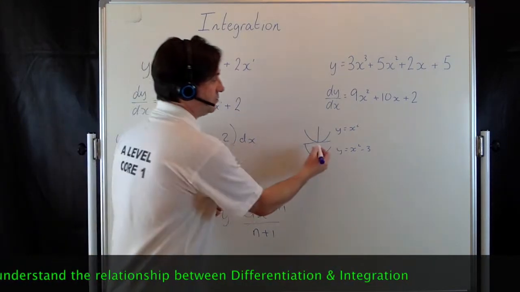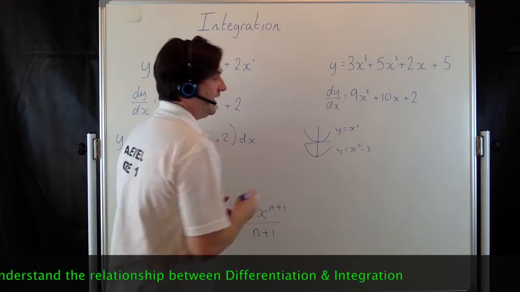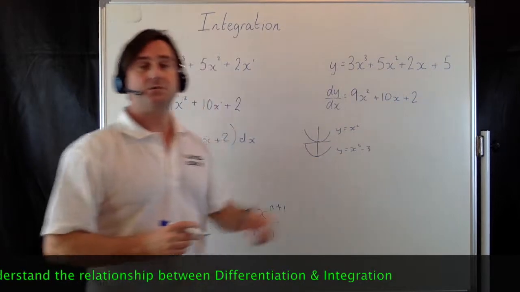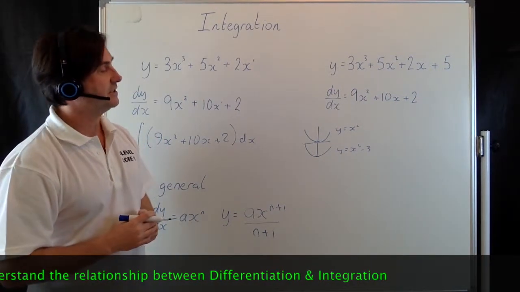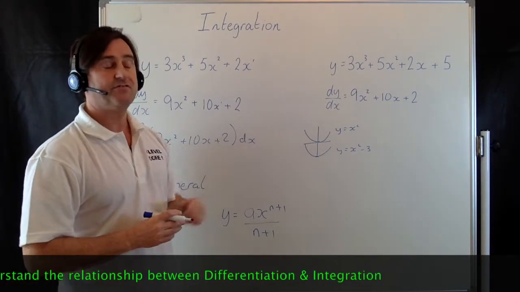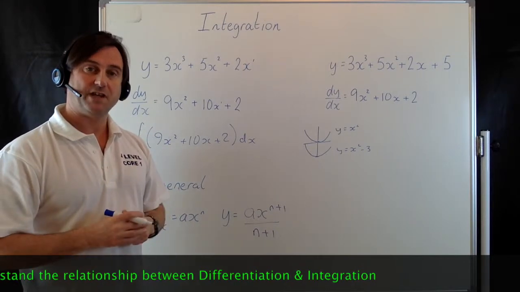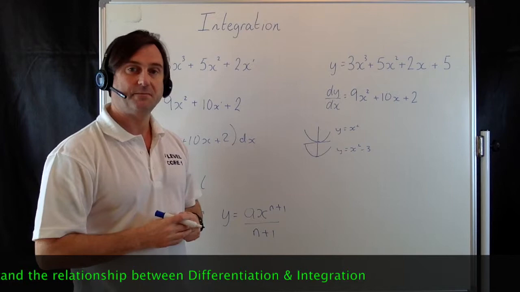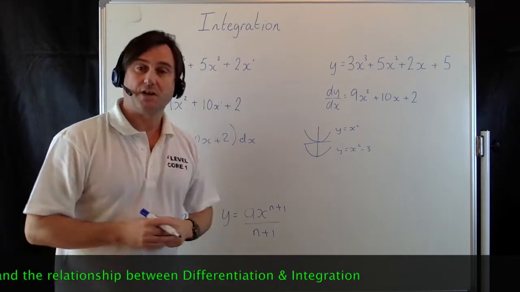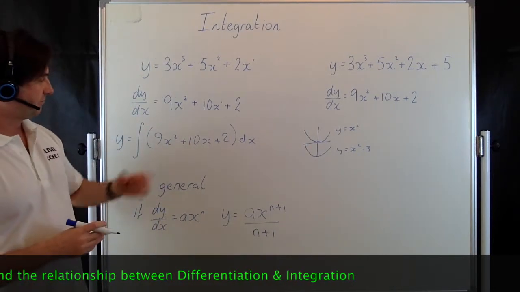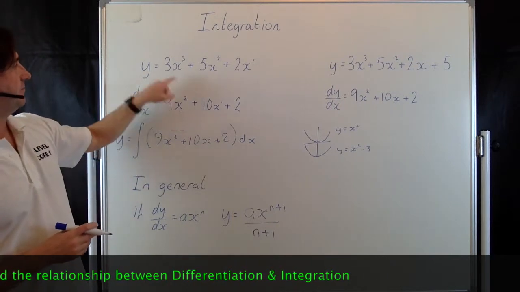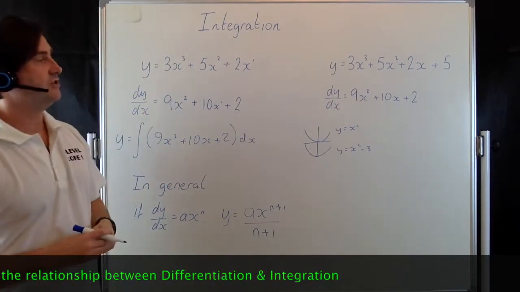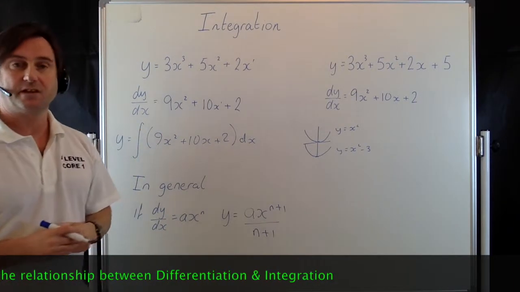The only difference is where they cut the y-axis, and that is what the last term tells you. It doesn't make any difference to the gradient function where it cuts the y-axis. The gradient function will be the same. So that's where we've got a little bit of a problem, because this one here and this one here both differentiate to exactly the same thing.